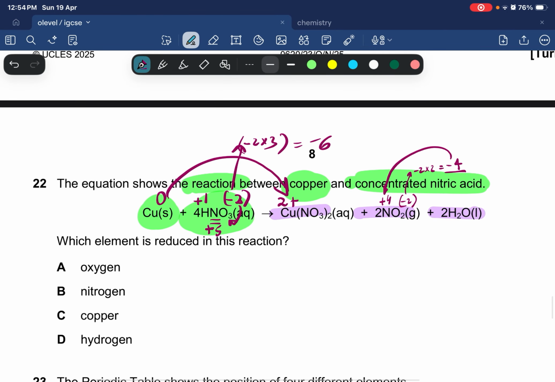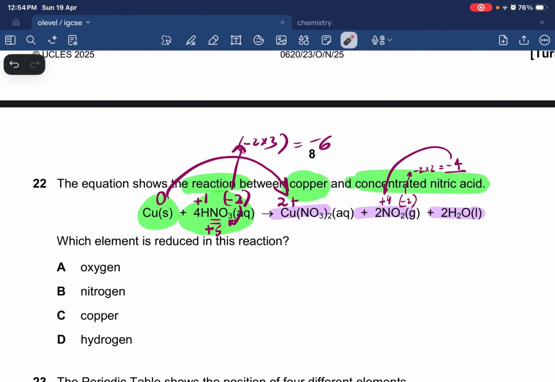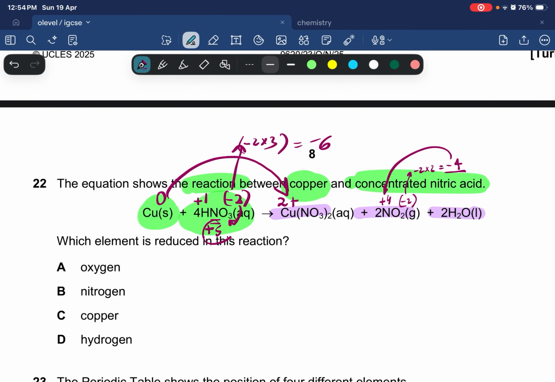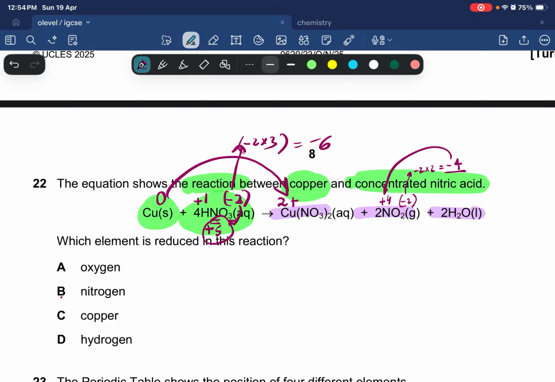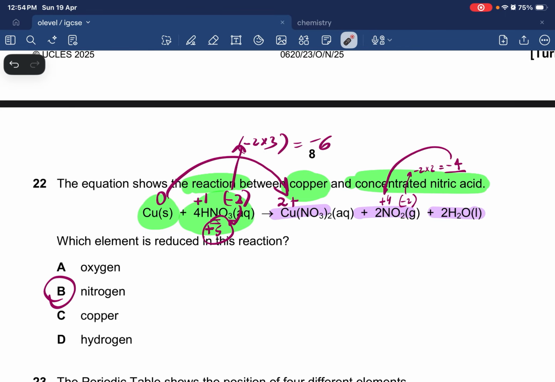So, from positive 5 to positive 4, oxidation or reduction? Decrease in oxidation number or increase? There's a decrease. And whenever you have a decrease in oxidation number, that is reduction. So, what's being reduced is your nitrogen. Understood? Just see it for yourself and you're going to realize it yourself. But for that, your redox concepts should be very good, so that you instantly realize the oxidation numbers.